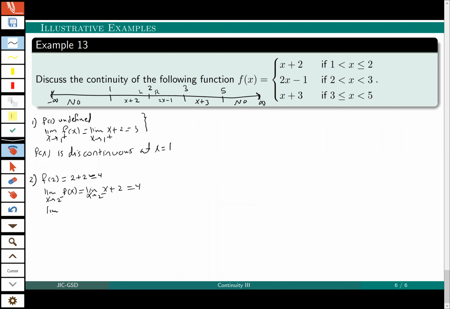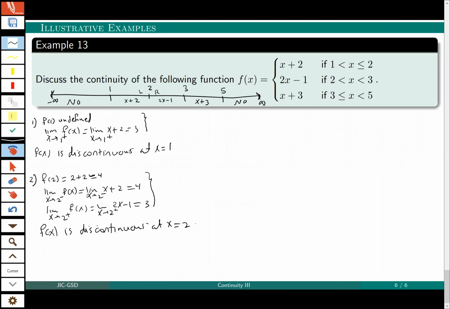But what is the limit when x goes to 2 from right? From right, it will be 2x minus 1, so it will be 4 minus 1, which is 3. Unfortunately, they are not all equal. So we will say f of x also is discontinuous at x equal to 2.